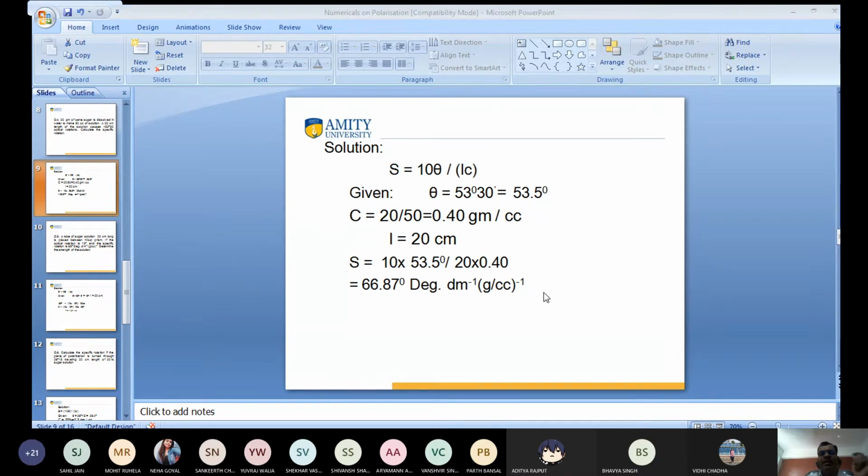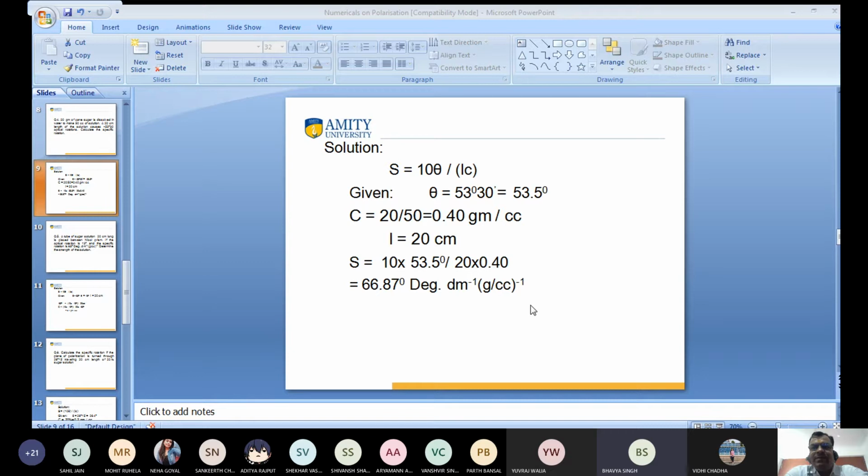Yes or no? If it is telling me where you are making a mistake, how many have given the correct answer? Tell me. Is the answer correct or not? Who has given the correct answer? Yuraj, is your answer correct? Yes, sir, this was my answer, 66.87. Okay, good. Bhavya Singh, what is your answer? 62.